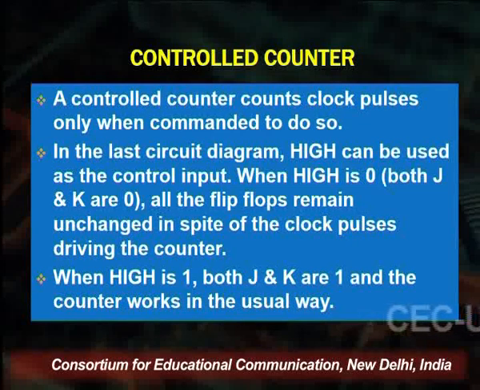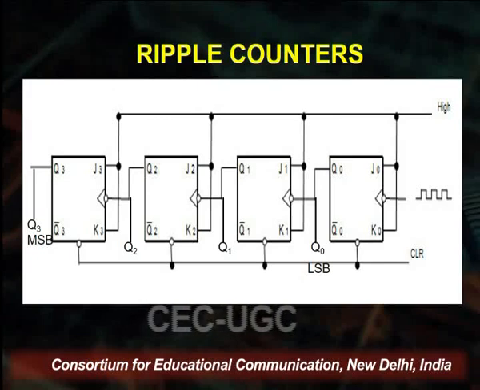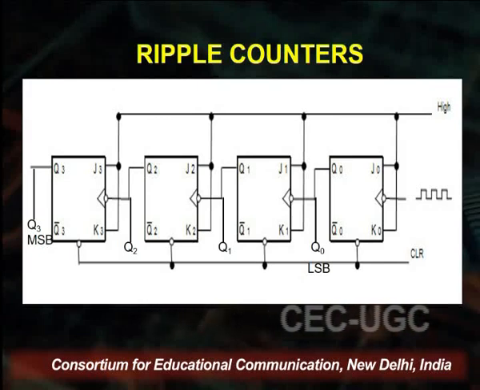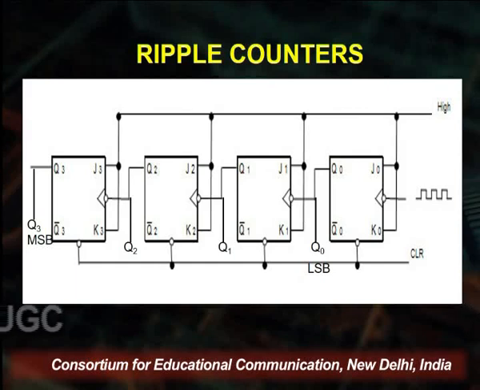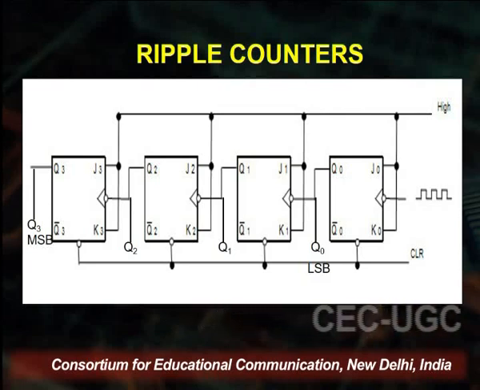It's simple to understand if you go back a couple of slides and look at the circuit. The high signal is fed directly to the J and K inputs of all the flip-flops, and they are shorted, meaning they offer the same value. Till the time J and K are 0 0, the flip-flops do not change their state, rather they retain the last state.